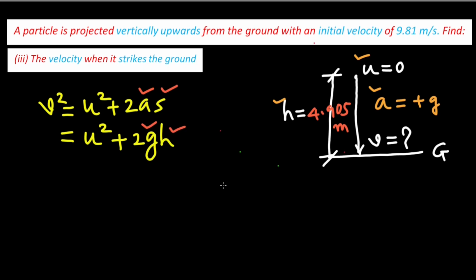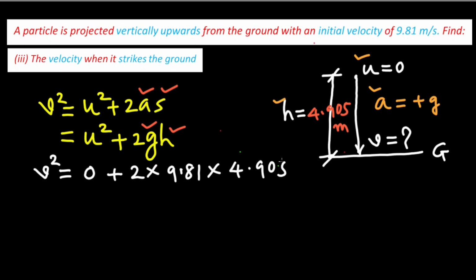We will substitute the values. V square, the final velocity when the particle strikes the ground, equals its initial velocity, which is 0, plus 2 times 9.81 multiplied by the height 4.905, which will be 9.81 multiplied by 2 multiplied by 4.905 will be 9.81 again.